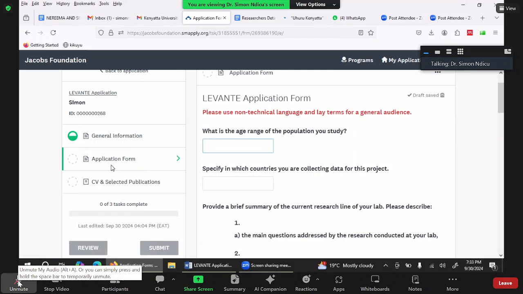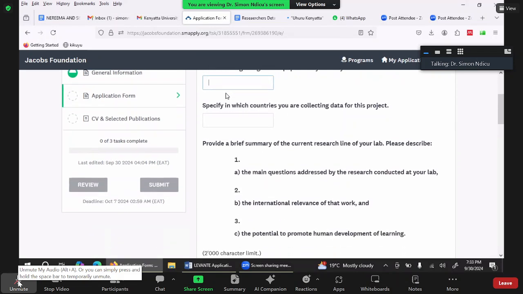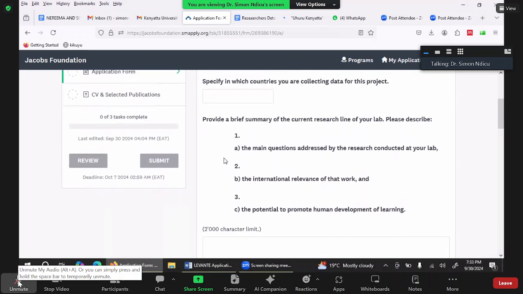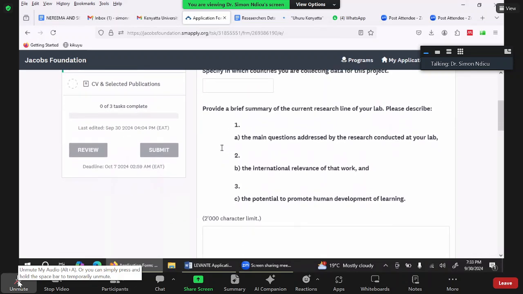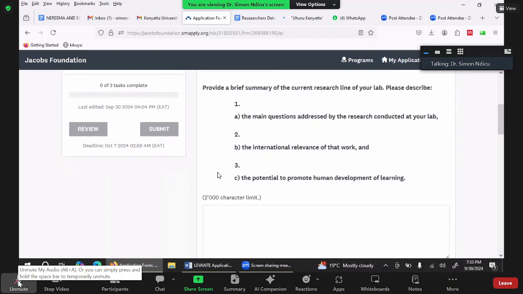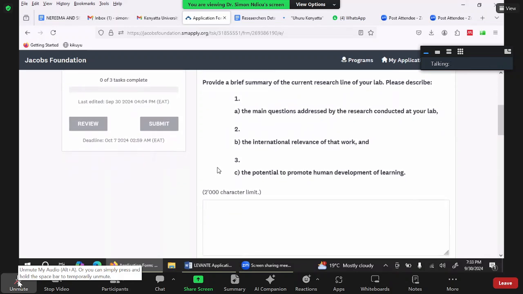If you click on apply under LEVANTE, we have the range of the age, the country, and then here we have now the main questions, and then under the main questions, we need to provide the international relevance of that work, and 3, the potential to promote human development.